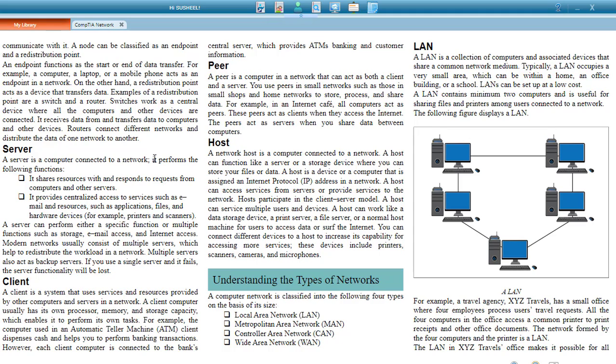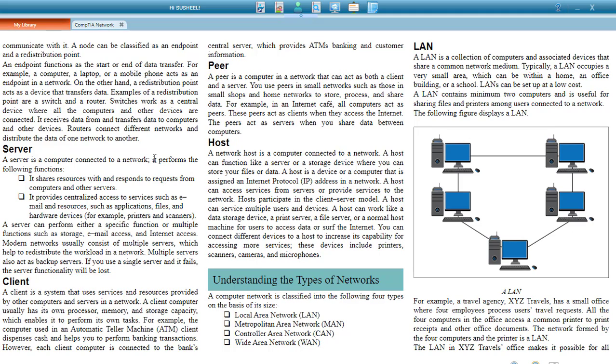Server. A server is a computer connected to a network. It performs the following functions. It shares resources with and responds to requests from computers and other servers. It provides centralized access to services such as email and resources, such as applications, files, and hardware devices, for example, printers and scanners.